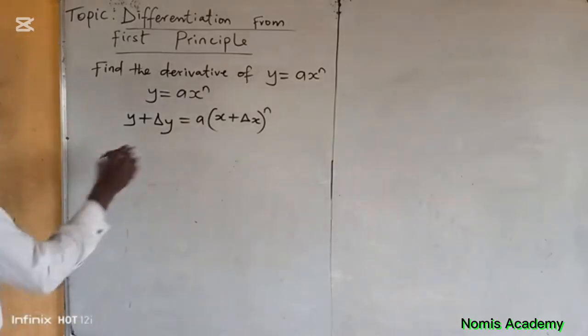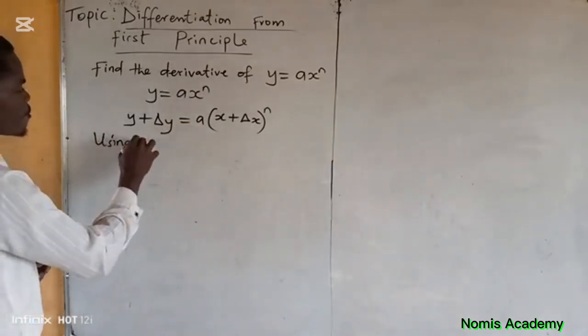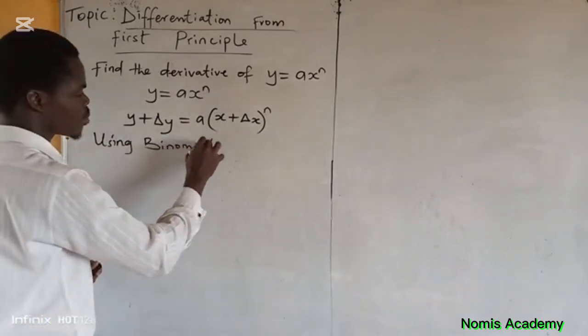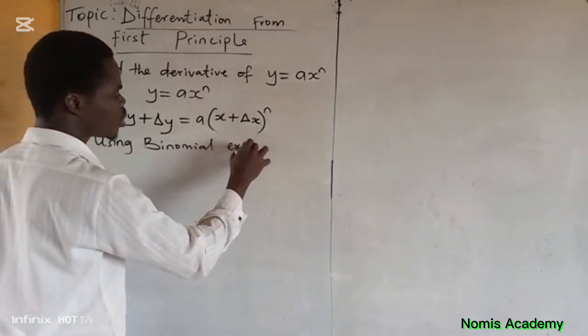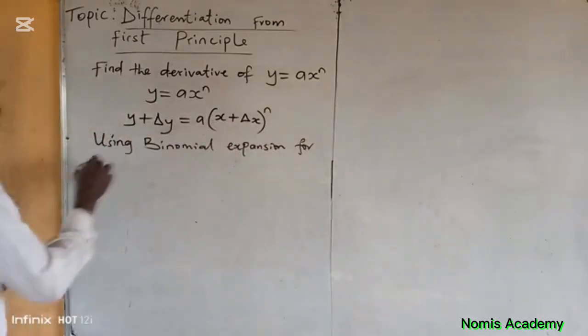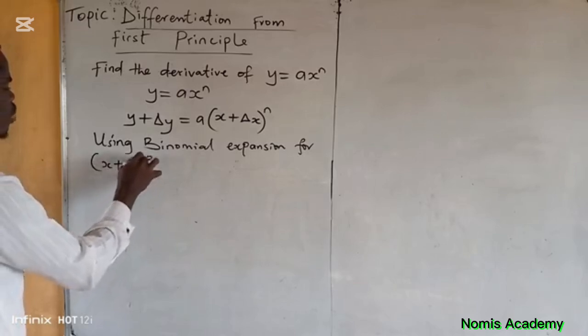Alright, let me quickly write it out using binomial expansion for (x plus delta x) raised to the power of 2.